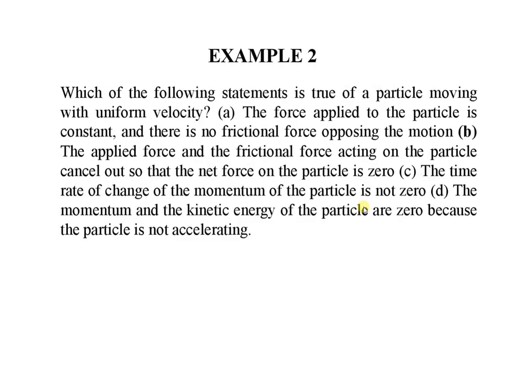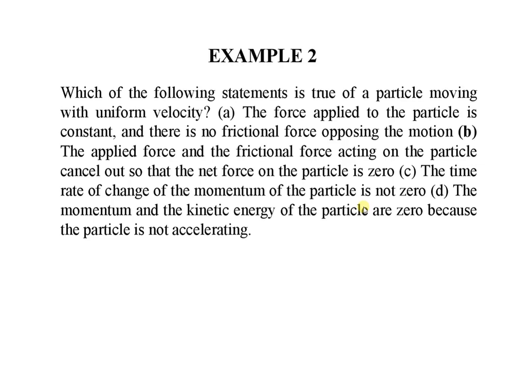Now let's look at example 2. Which of the following statements is true of a particle moving with uniform velocity? If a particle is moving with a uniform velocity, it means that the acceleration is zero. Acceleration is always zero whenever the velocity is uniform, which means that the net force acting on the body is zero.